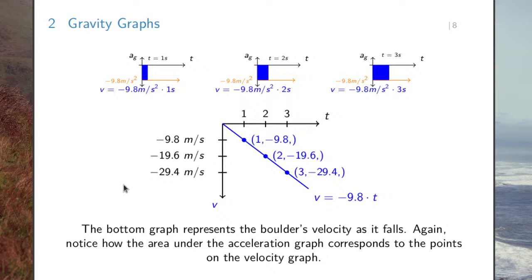So there's a lot going on this slide, admittedly. So let's forget about the top for a second, and let's just look here. So this graph, as time is increasing, this is the velocity axis here.